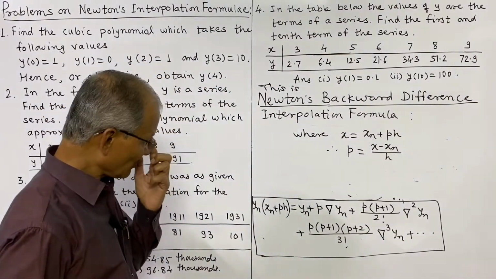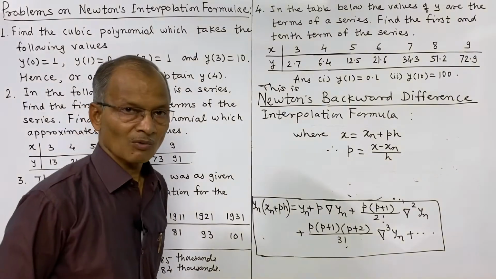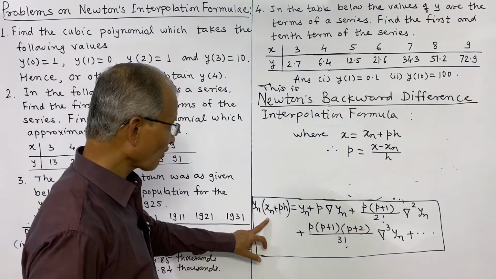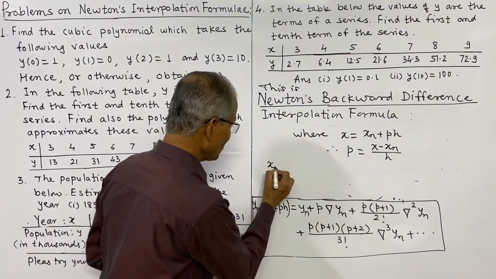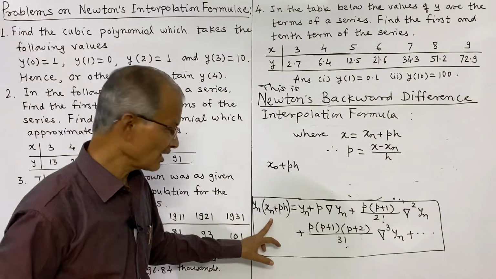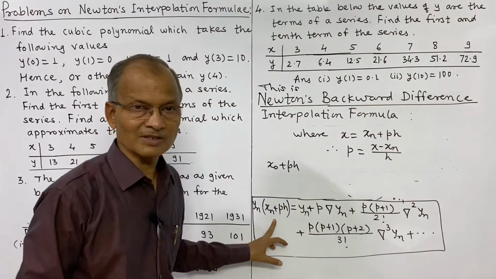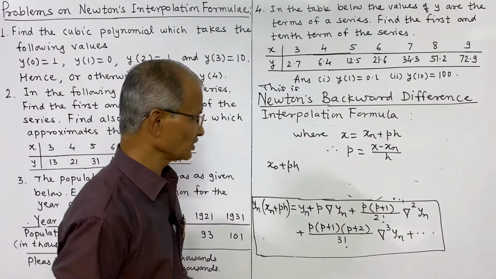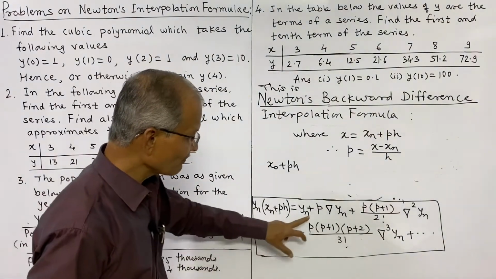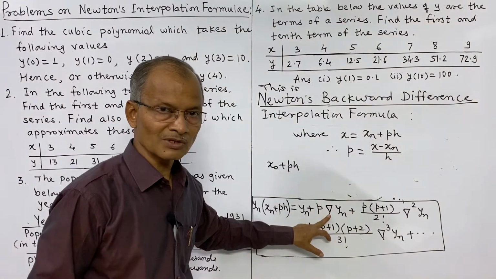Now, you may observe the difference between the forward difference and backward difference. For forward difference, it is the value at x equals x naught plus ph, and for backward difference it is the value at xn plus ph. For forward difference we use delta, and for backward difference we use del.